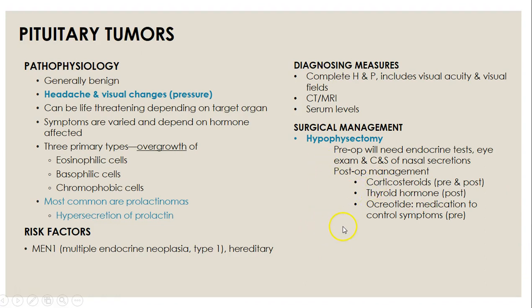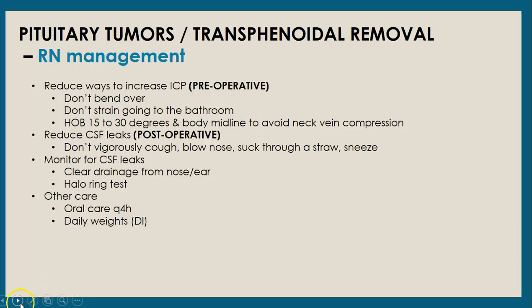At least for testing purposes, you don't need to know these medications in terms of pre and post-op. The type of surgery, at least the route that is taken, is the transsphenoidal route, which is actually up through the nares. Again, if you look at where the pituitary is, that's the most direct route.